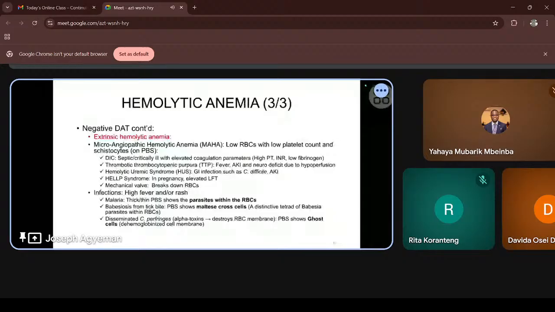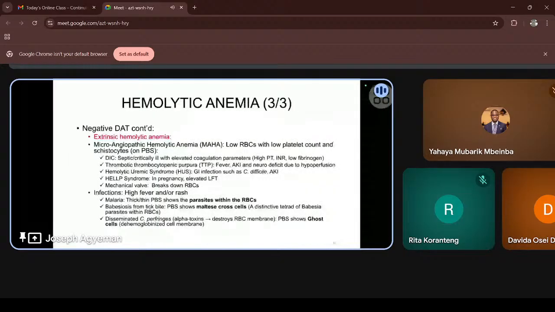So you have high liver enzymes, low platelets, and hemolysis. So in HELLP syndrome, it can cause microangiopathic hemolytic anemia. This is very common in pregnancy. That's why I mentioned OBG. You have elevated liver enzymes and what have you.